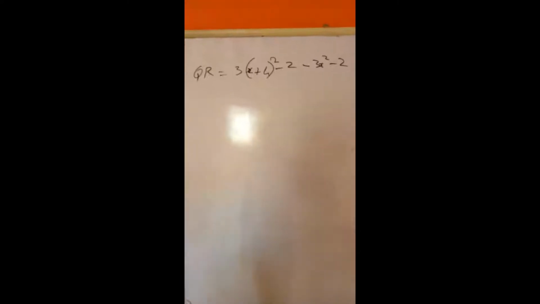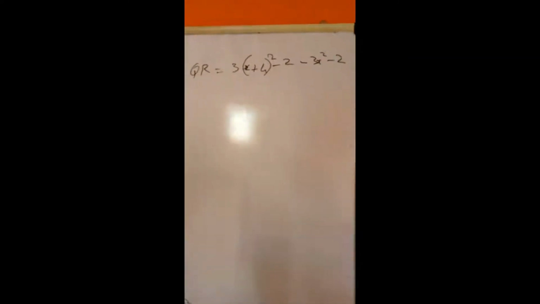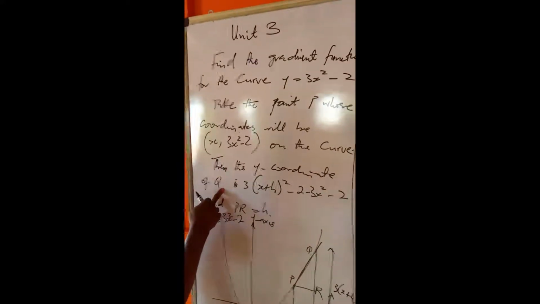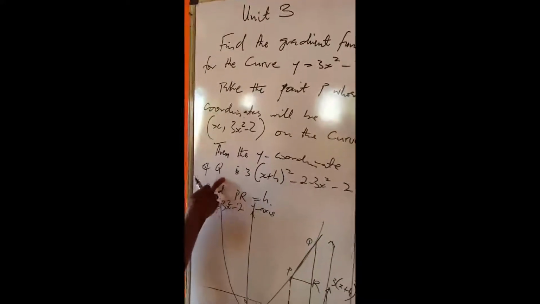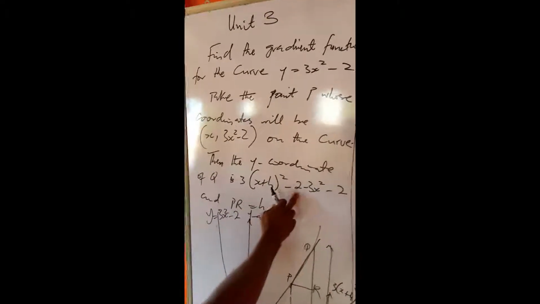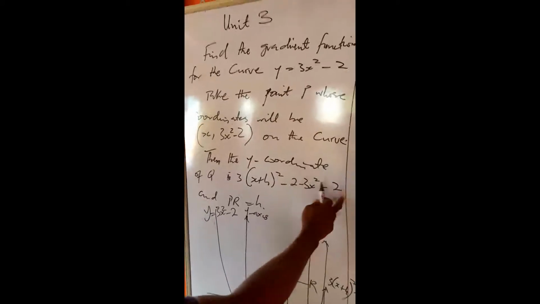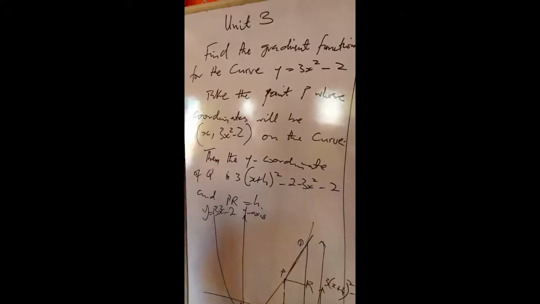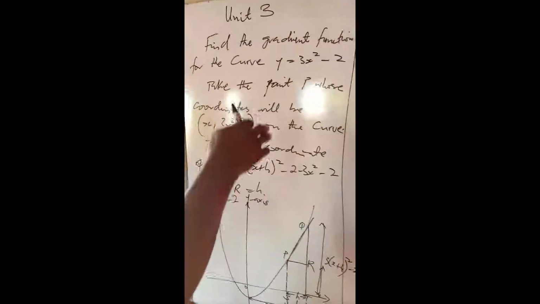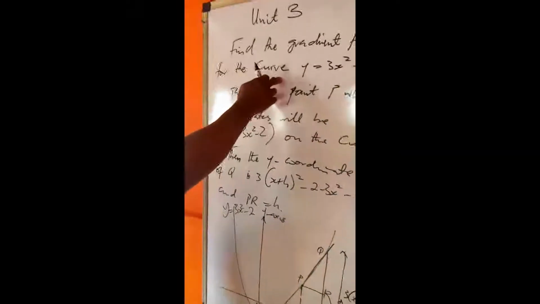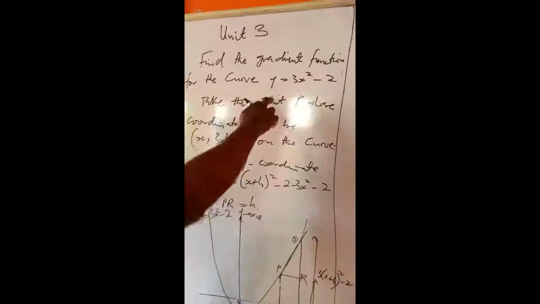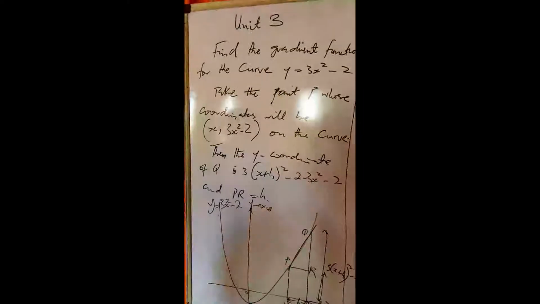So what we are trying to get here now is that the y coordinate at position Q is 3 into x plus h all squared minus 2, minus 3x squared minus 2. We also know that the y coordinate for point P is simply y equals 3x squared minus 2.